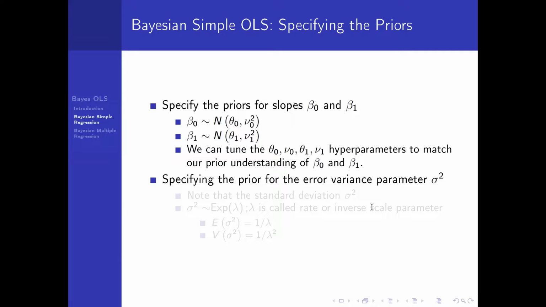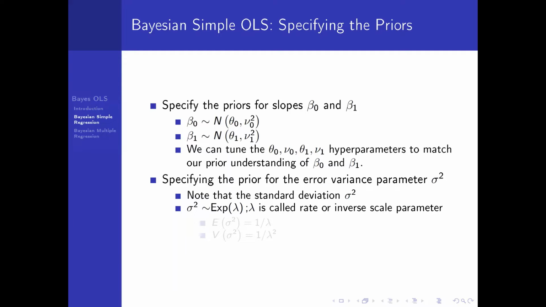Now, how do we specify the prior for the error variance parameter sigma square? So this is a variance sigma square, and the standard deviation should be called sigma, right? In this case, to satisfy the condition that sigma square is a positive number, we say, how about it follows an exponential distribution with its parameter lambda.